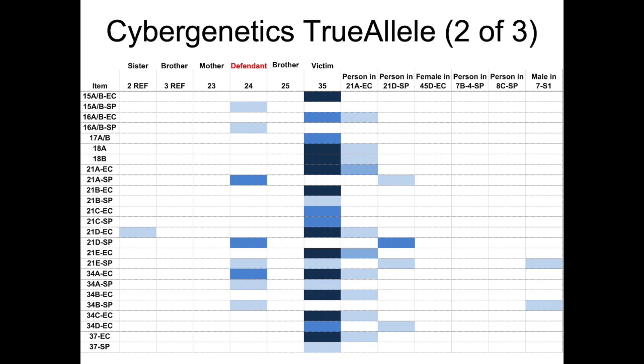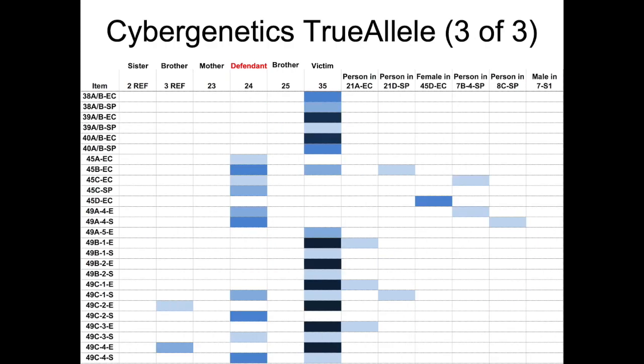If we look at the person in 21A-EC, that's the column right next to the right of the victim's column, we see a number of match associations with evidence items. In fact, more associations to the evidence than even the defendant has.